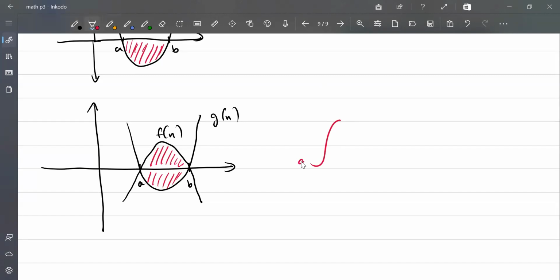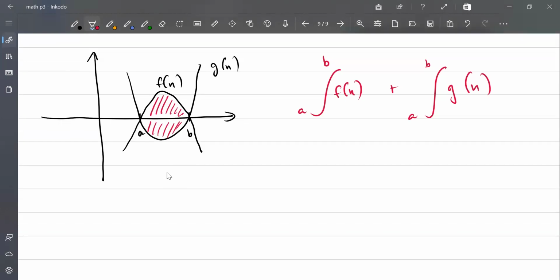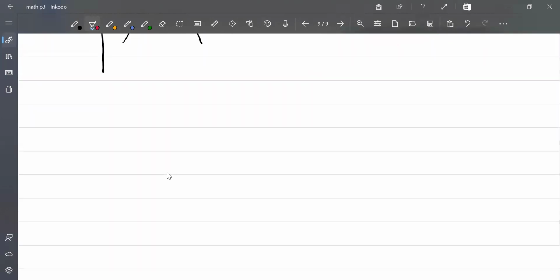So it would be the integral from a to b of f(x) plus the integral from a to b of g(x). This is a separate curve and this is a separate curve, and we will add both these areas to get the shaded region. I hope you are copying with me because this is something which I told you at the very start in lecture one, and this is something obvious.